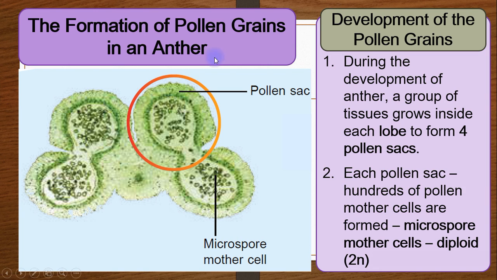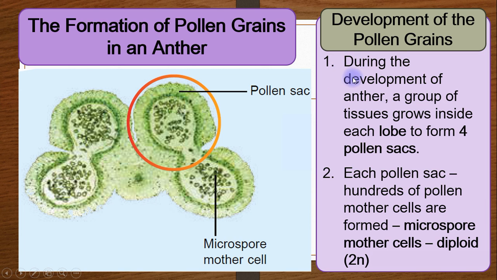Okay, so let's go to the diagram here. This refers to the diagram of the anther. We go to the explanation here. Number one, development of the pollen grains.